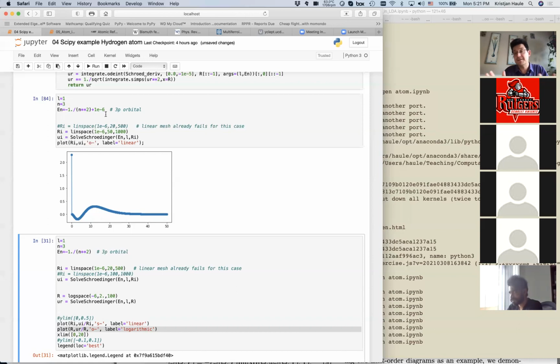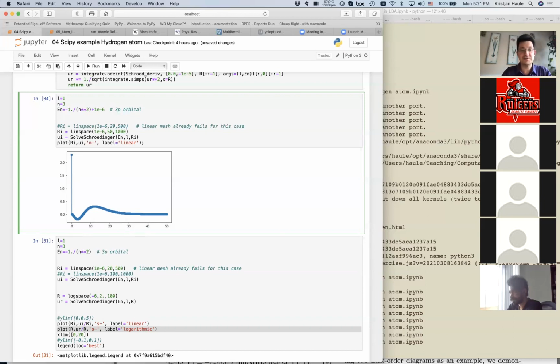Unfortunately, if you want to get energy with more than 6 significant digits, then you need to pay the price that you need to go to a very high R, and you need to have a very nice mesh and so on. But in practice, you never need an exact energy. You need an energy with enough significant digits that some other error or approximation doesn't dominate.